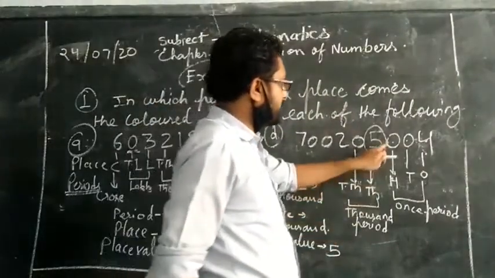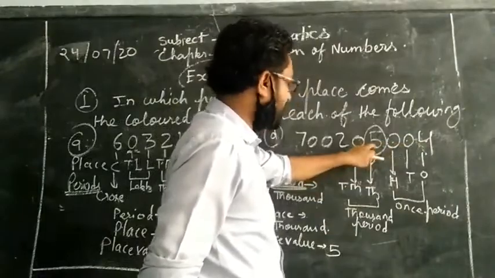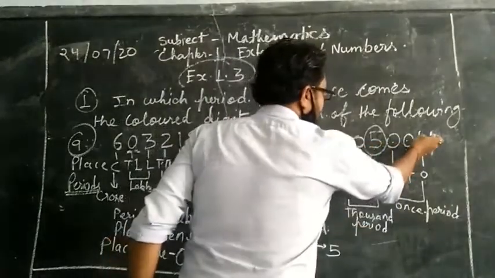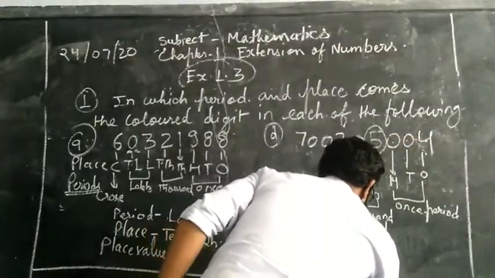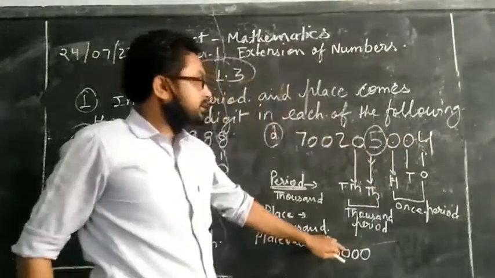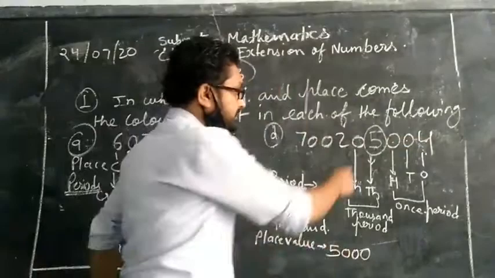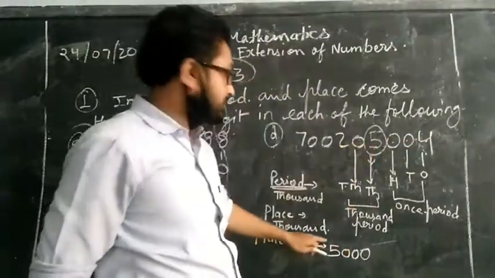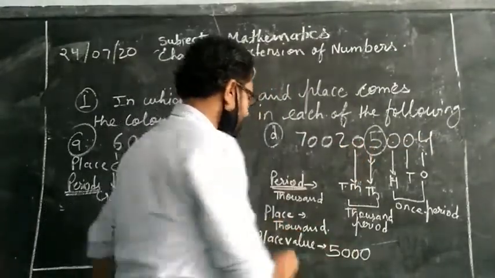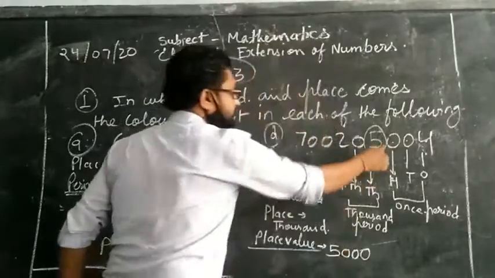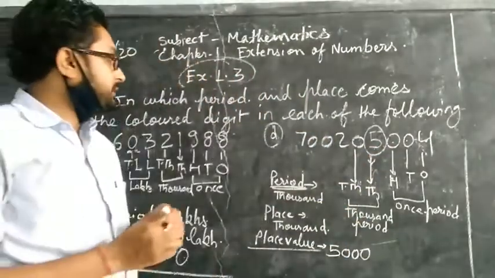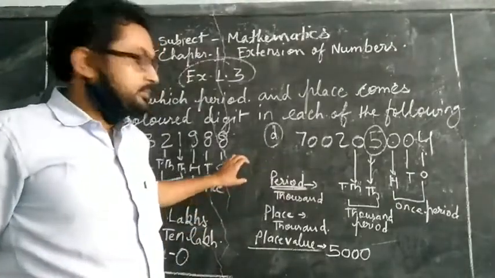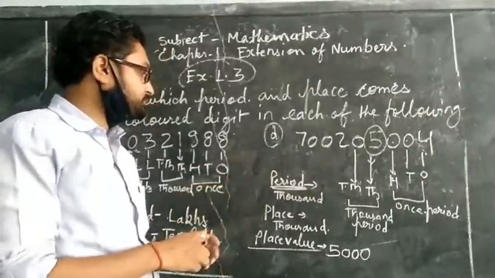Now 1 stands at hundred, thousand. So in the places of ones, tens and hundred we will put 0, because the place value is 5000. In this way we can find the period, place and place value.